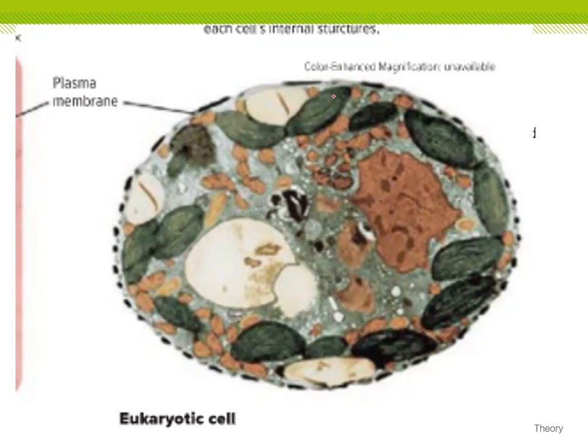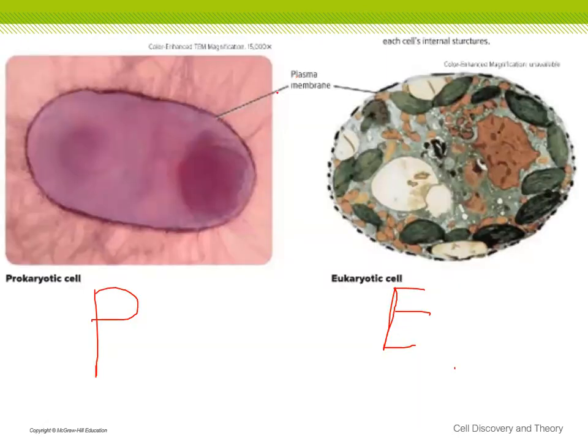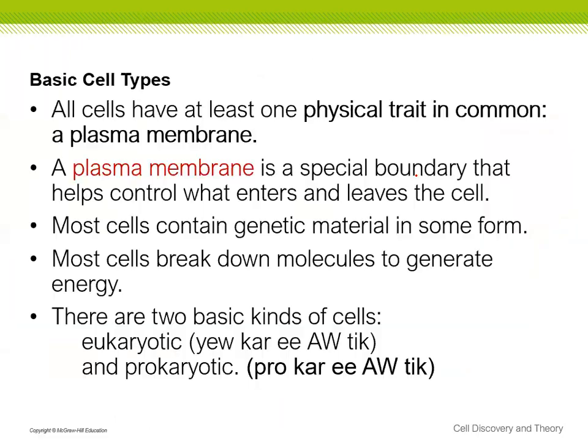You can see all the green in here. But one thing they do have in common, I know it's hard to see, is they both have a plasma membrane around them. So we know there's at least one common thing, but otherwise we just see a lot of differences so far. So let's jump into those. All cells have a plasma membrane.